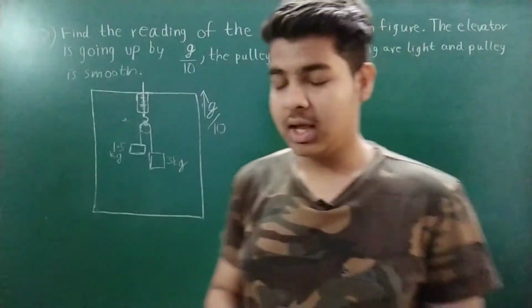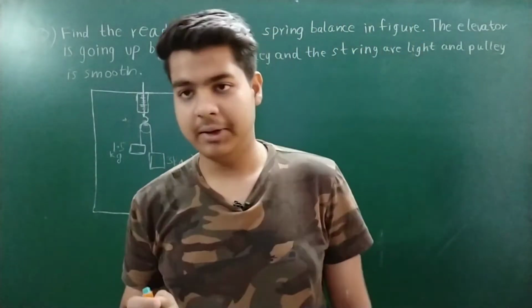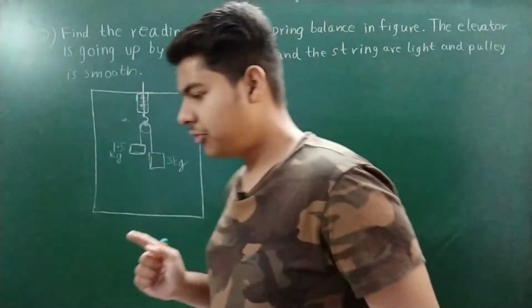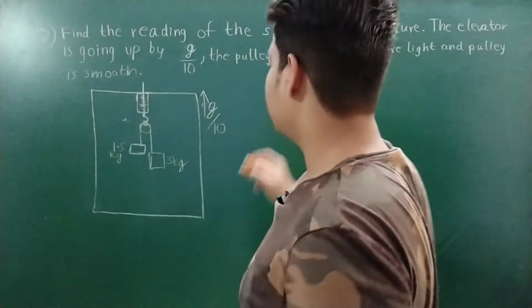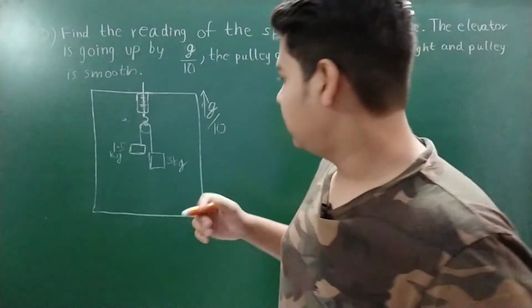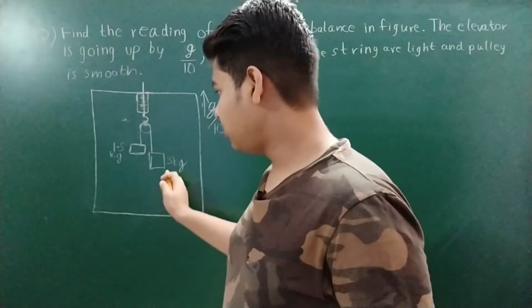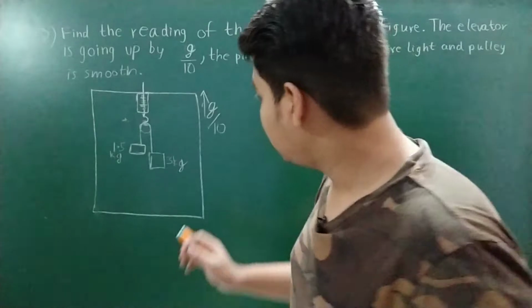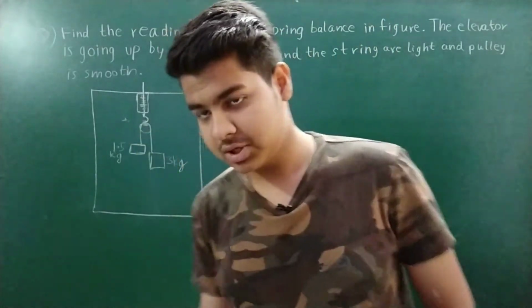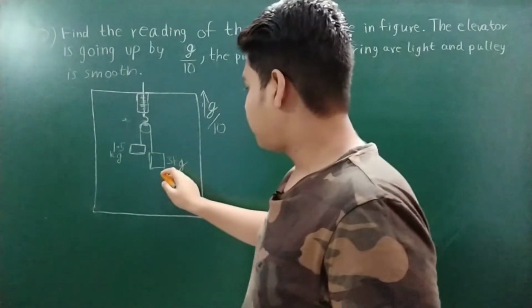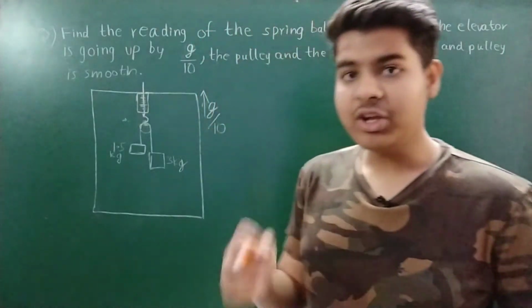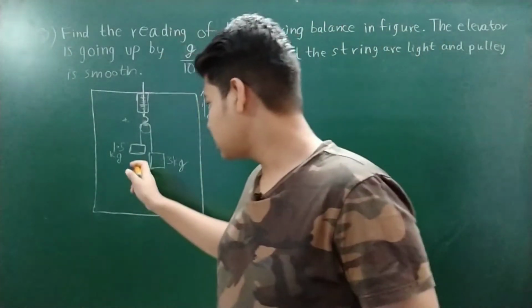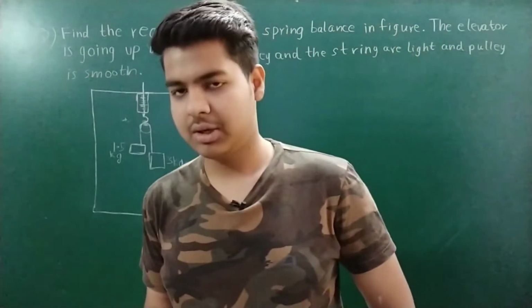In this question we will have to keep some things in mind. First we have to keep the formula of tension in mind. For one block the tension will be less, for the other the tension will be more. The tension will be equal throughout the string, but for one it will be m1g minus T, and for the other it will be T minus m2g.